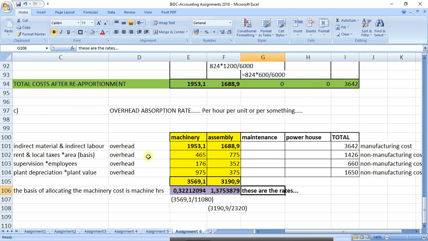Right, and that's 4. Do we not have to do maintenance and powerhouse? No, they only said calculate the appropriate overhead absorption rate for the two production departments. Production was machinery and assembly. That was production, this was service. And that was service.